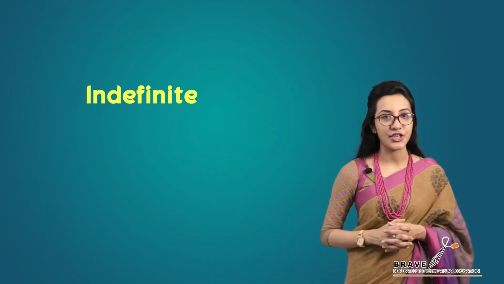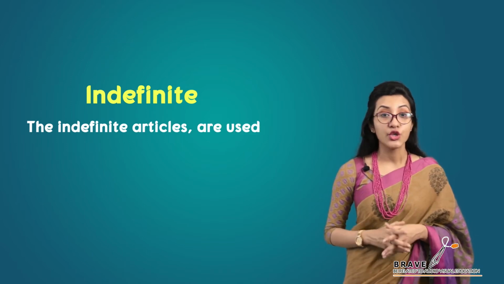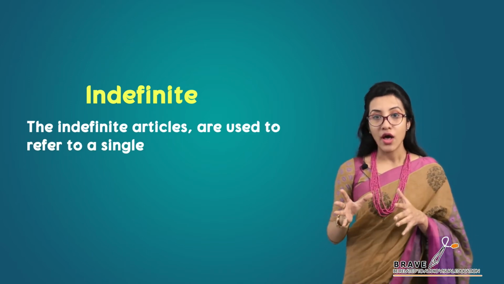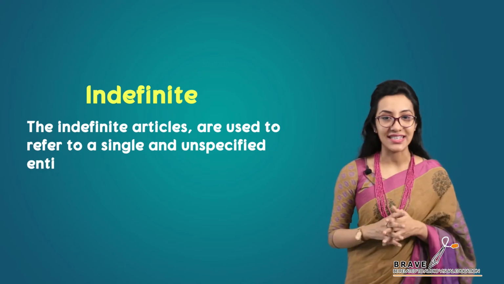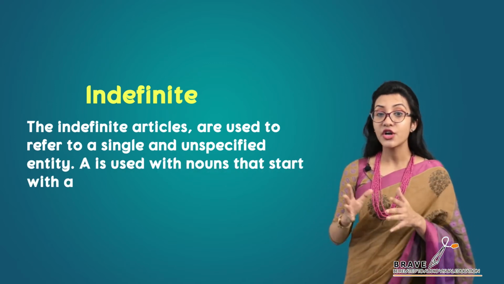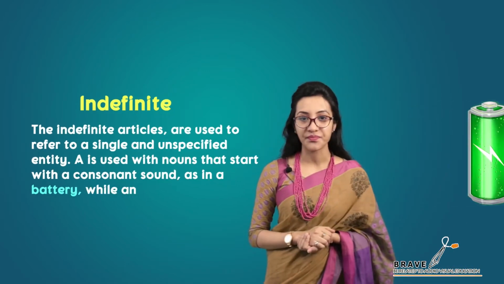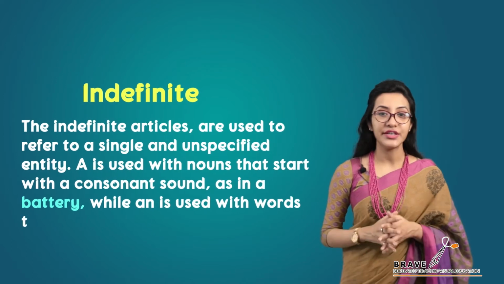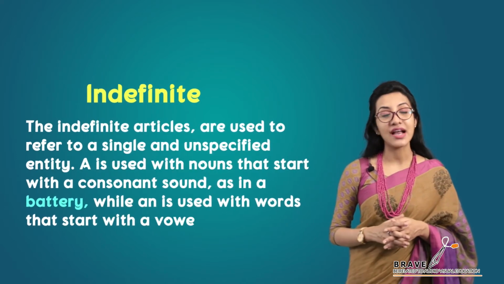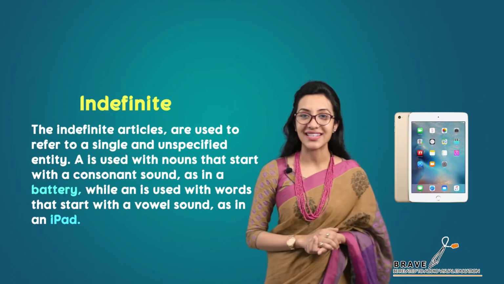What is an indefinite article? The indefinite articles are used to refer to a single and unspecified entity. A is used with nouns that start with a consonant sound, as in battery, while an is used with words that start with a vowel sound, as in iPad.